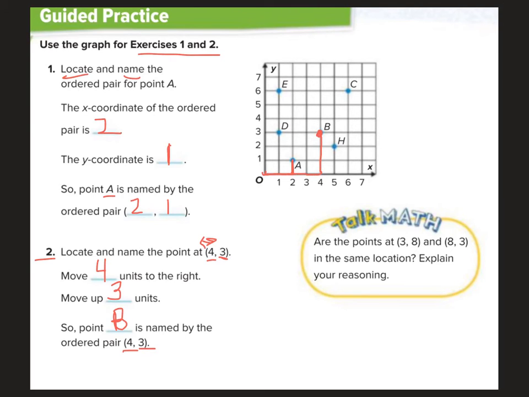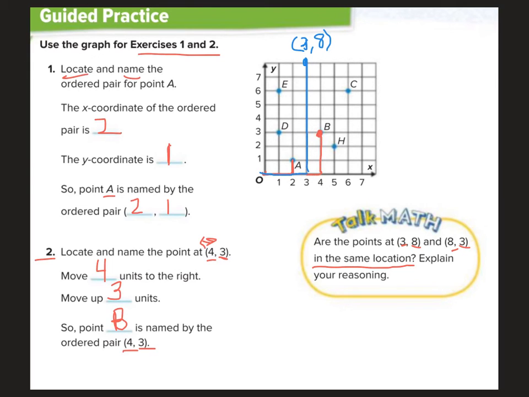Now this says, are the points at 3, 8 and 8, 3 in the same location? Well, let's test it out. For point 3, 8, I go 3 to the right, 1, 2, 3, and then I go up 8, 1, 2, 3, 4, 5, 6, 7, 8. This one would be right here. This would be point 3, 8.